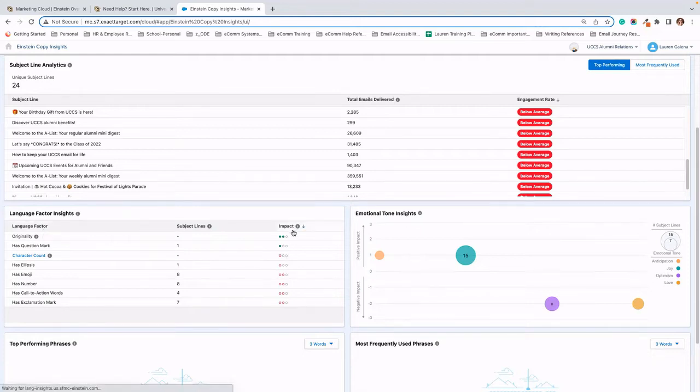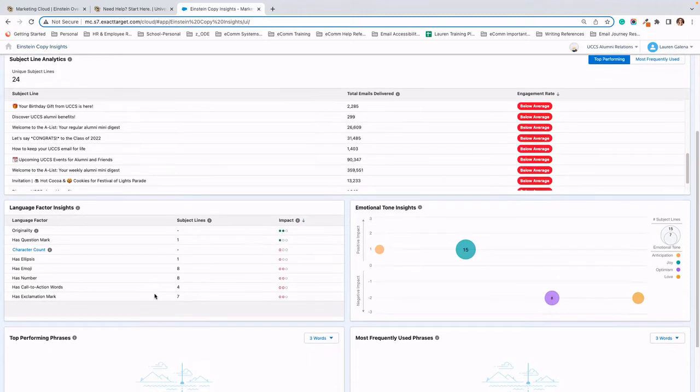And so over here under impact, you'll see green and red dots. The green dots mean that that factor has a positive impact on your engagement, and red dots mean it has a negative impact. And then the number of dots is the level of impact. So here we can see originality of subject lines, not using the same subject line over and over for emails, has a positive impact on engagement, versus an exclamation mark in the subject line, which has a more negative impact on engagement rates.